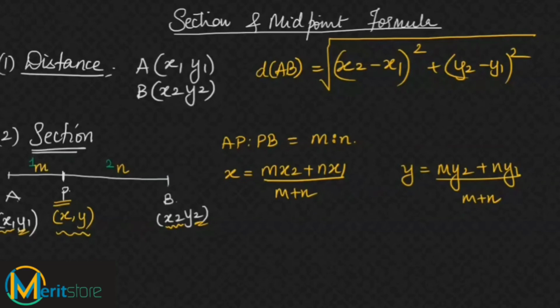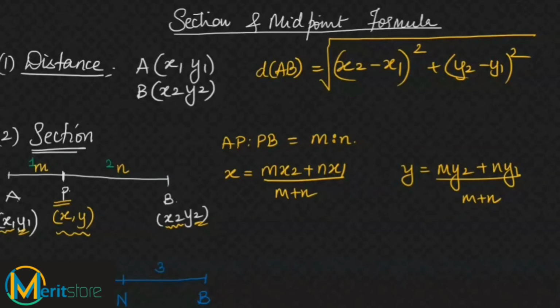Now most of the time we have questions which says that a line is trisected, which means it's divided into three sections. So I have a line AB which is divided into three sections like this. Let's take this line as points as M and this one as N. Now because it's trisected, I get three equal parts.